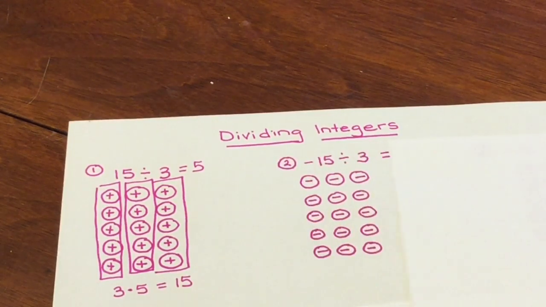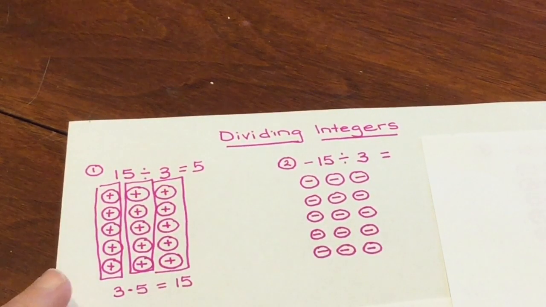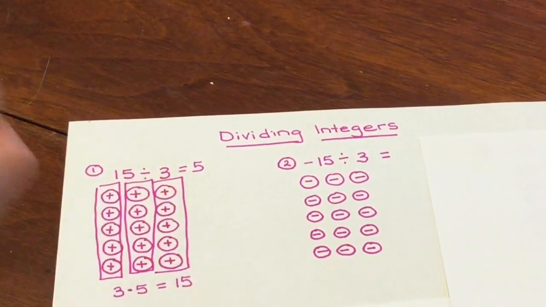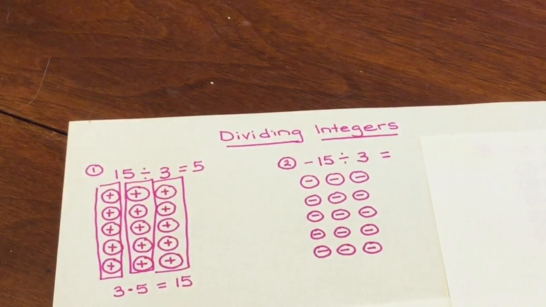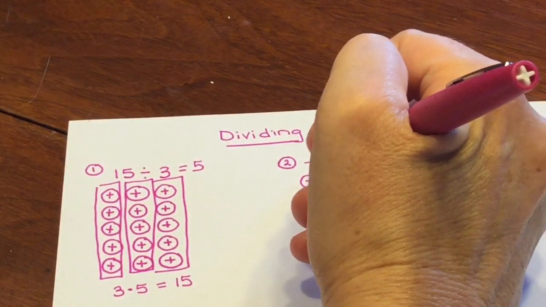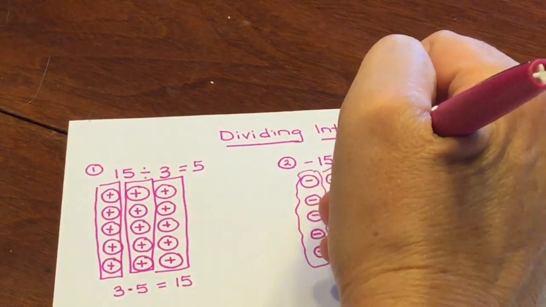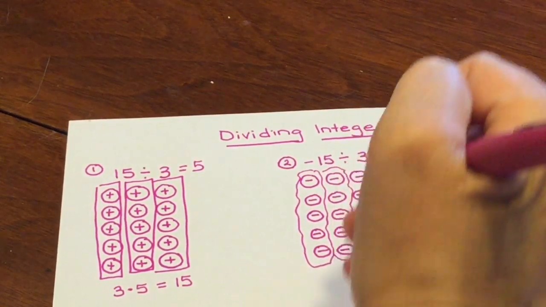Now let's say that we've got 15 negatives to start out with. So negative 15 divided by 3. I have 15 negatives drawn out here, and we're going to, again, divide it into 3 groups. So let's just draw a squiggly line around these. There's 1. There's 2.